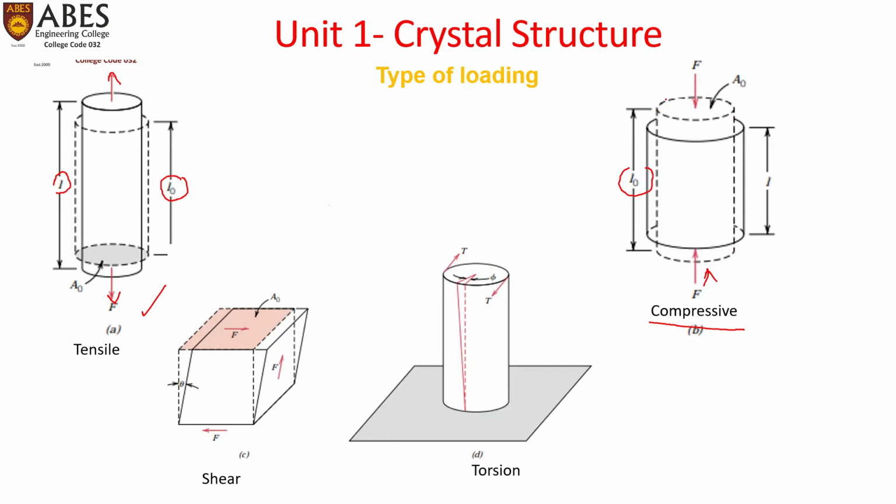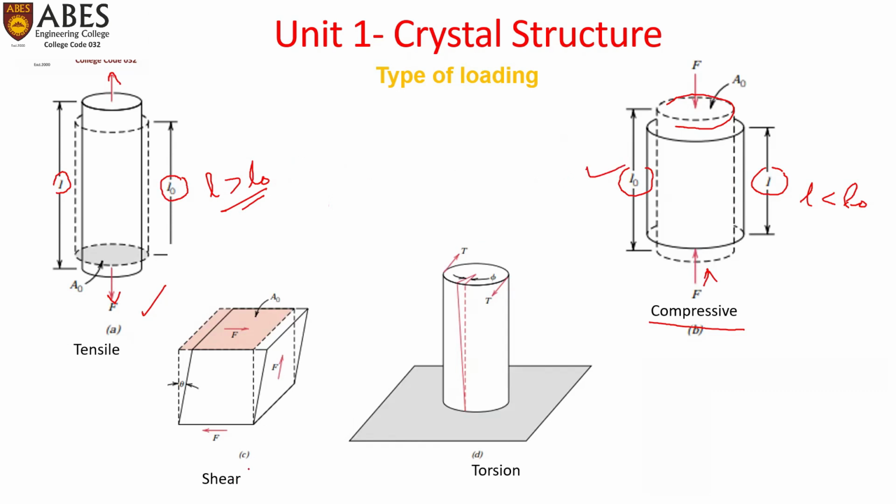And the area of cross section is A naught. So again, the final length would become L after compression, and L would be lesser than L naught in the case of compressive loading, and here L would be greater than L naught in the case of tensile loading, because here elongation is taking place and here compression is taking place.